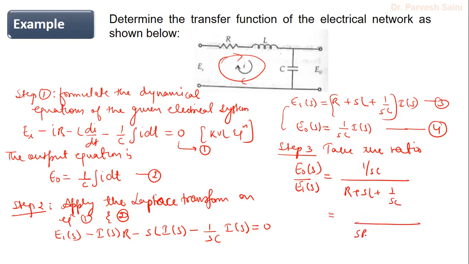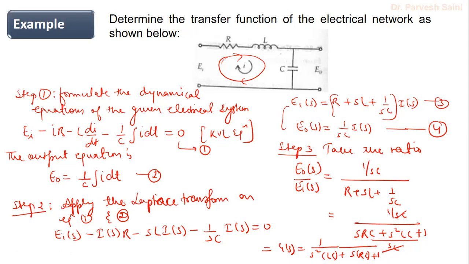So it is SRC plus S square LC plus 1 by SC divided by SC. So this is cancelled out. So we will get GS is equal to 1 upon S square LC plus SRC plus 1. So this is the transfer function of the given circuit which is shown in this slide.